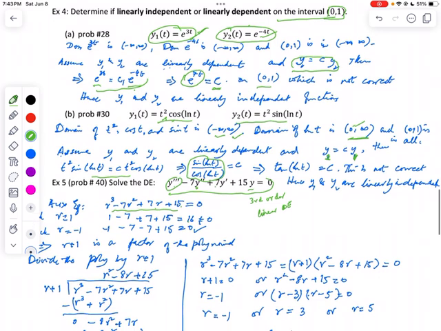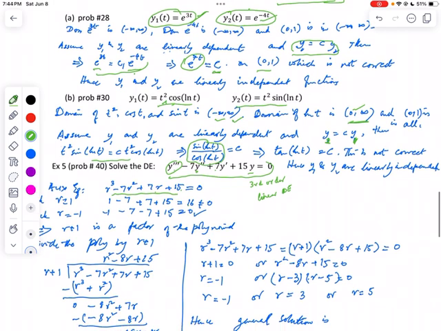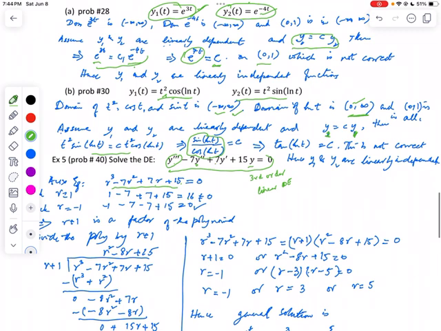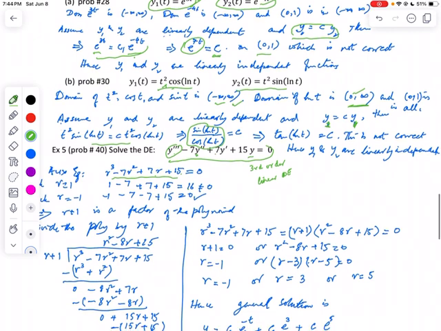Here on the left side I have done the long division, and the polynomial comes out to be r square minus 8r plus 15, which means our characteristic equation can now be factored as r plus 1 times r square minus 8r plus 15.